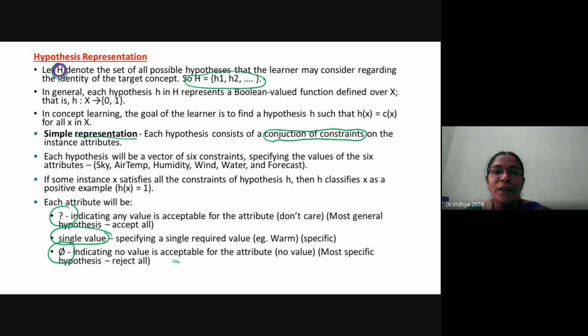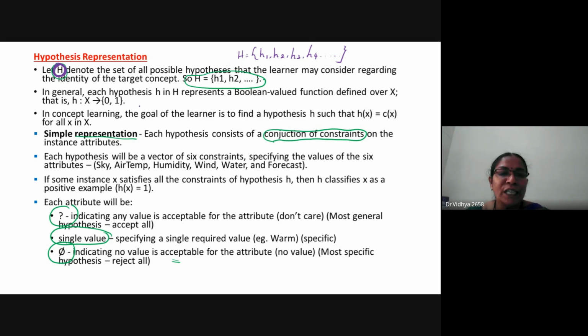Obviously, H involves all possible hypotheses. In our previous slide, we wrote three to four hypotheses, right? Likewise, this capital H is a collection of various hypotheses.